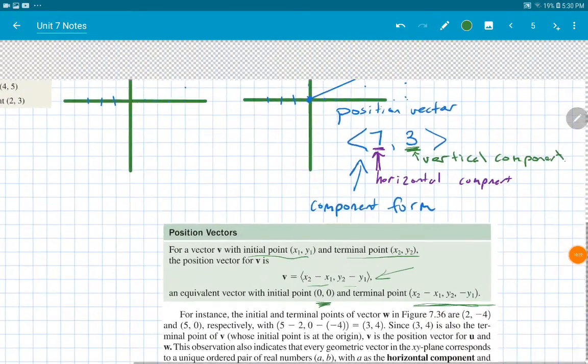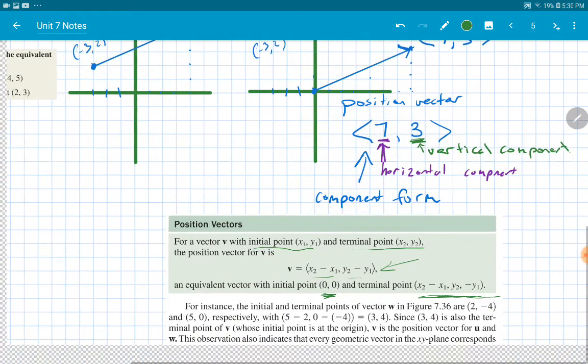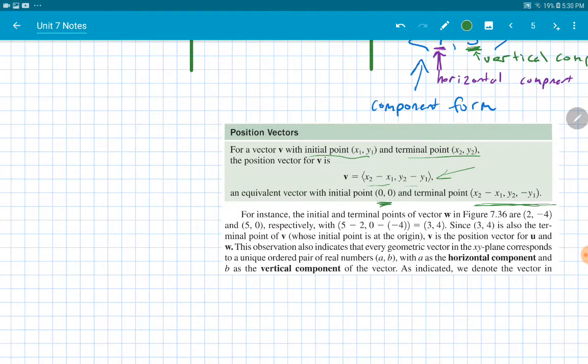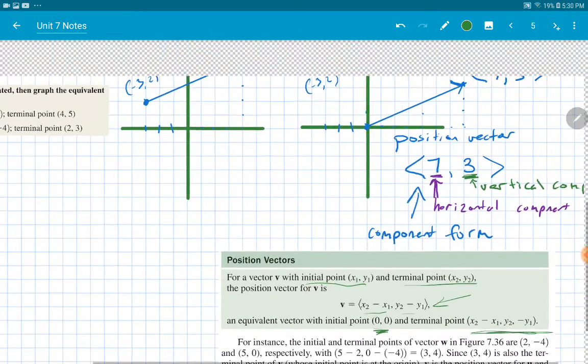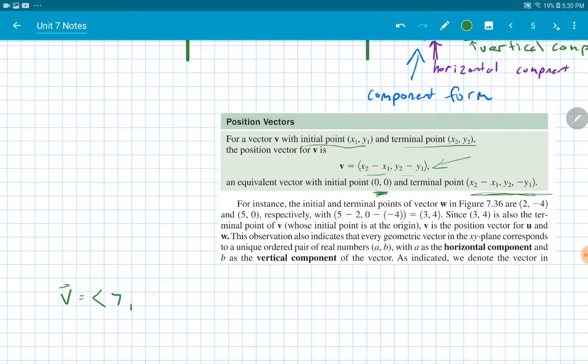So once I have a vector in that position component form, I can find its magnitude. Let's take this one for an example. If I have a vector, let's call it V, 7, 3, its horizontal component is 7 and its vertical component is 3.